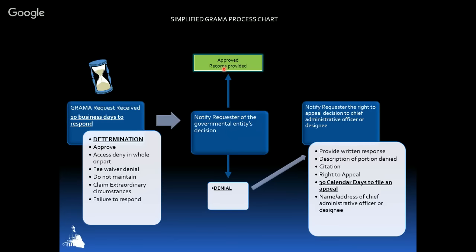So if the governmental entity approves, then records are provided, you're done. If it's a denial, then you go to the next step, which is you notify the requester of the right to appeal a decision to the chief administrative officer or their designee, and then you would provide a written response and description, a citation, the right to appeal, and then the 30-day calendar. So this is just a quick flow chart to kind of see the process.